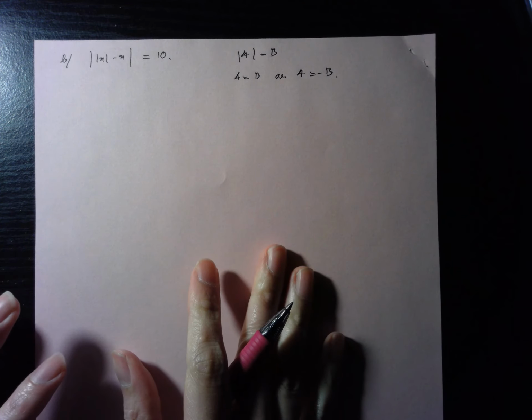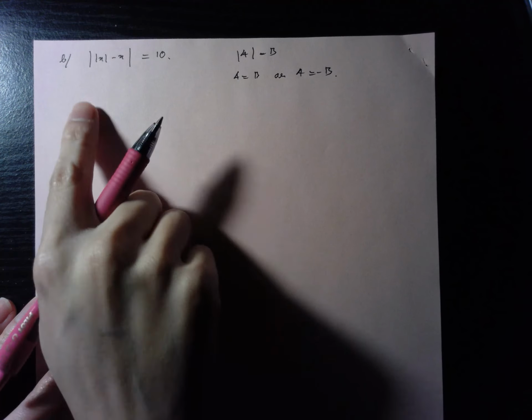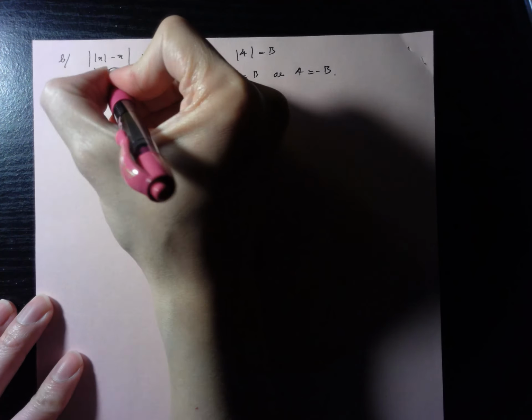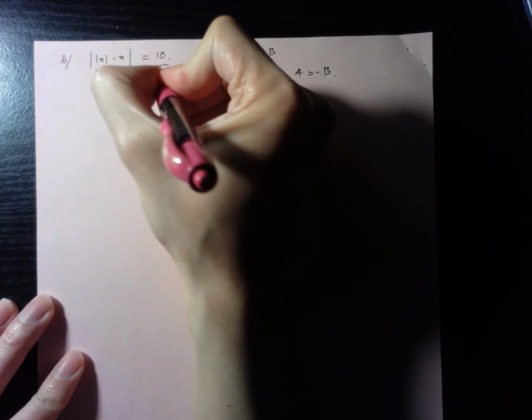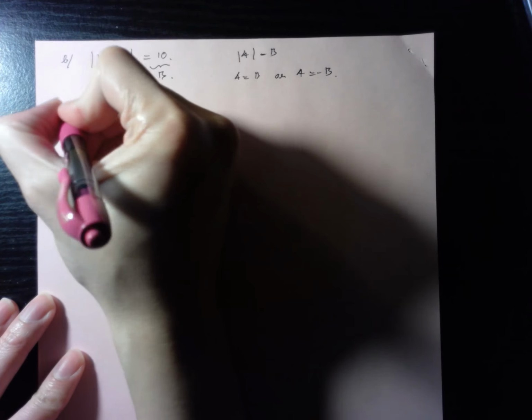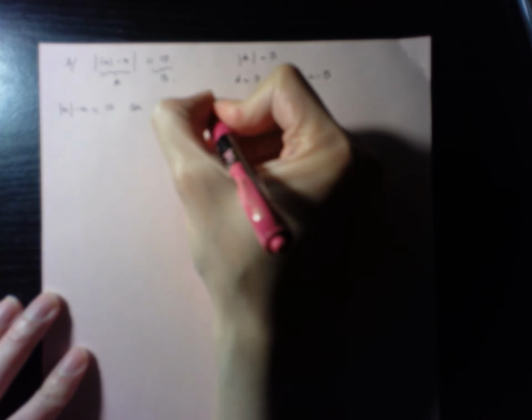I already gave you guys a hint. This is your a here, and this is your b, and you just apply the formula, so you get absolute value of x minus something equals b, or equals negative b. Okay.